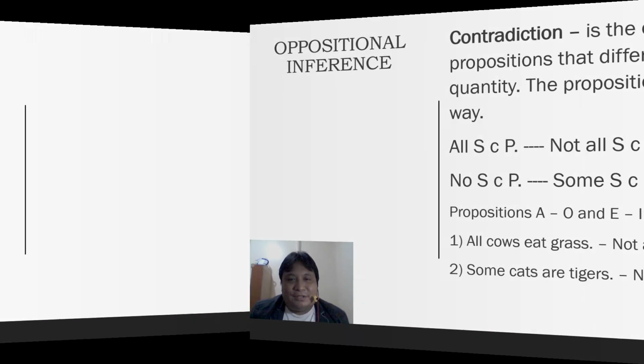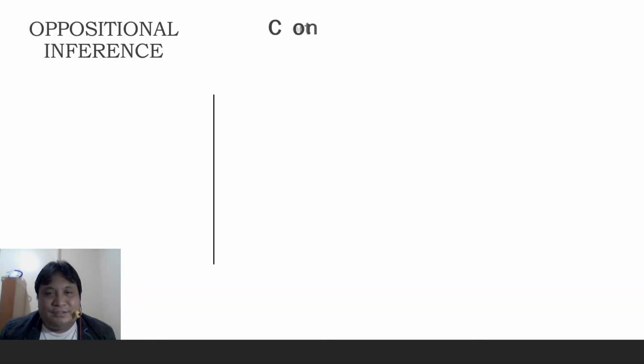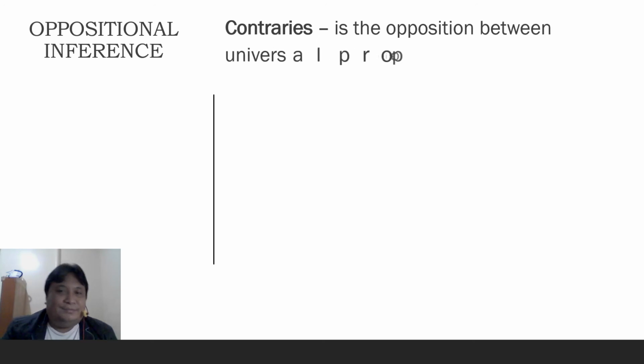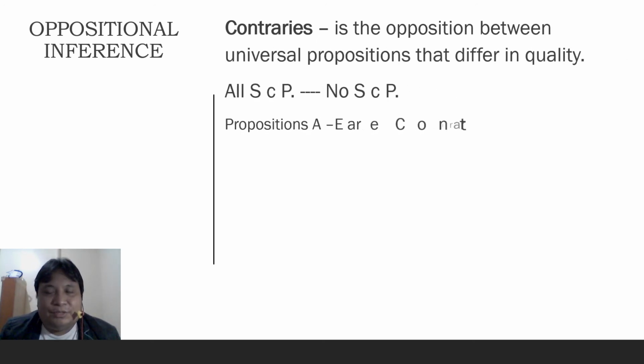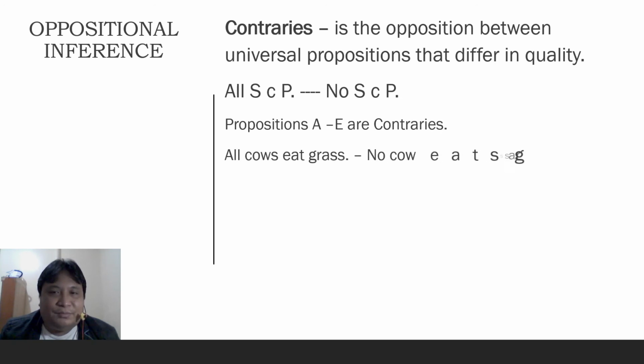The next one is contraries. Contraries is the opposition between only universal propositions that differ in quality. So it only refers to A and E propositions, or E and A, or vice versa.